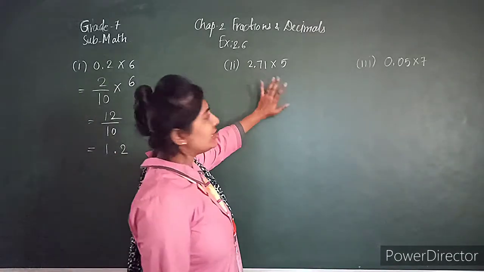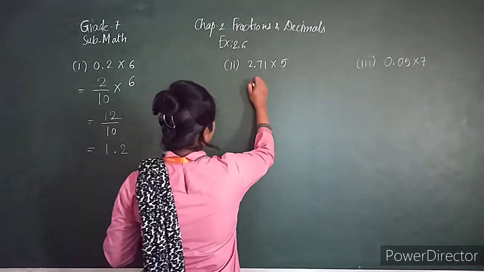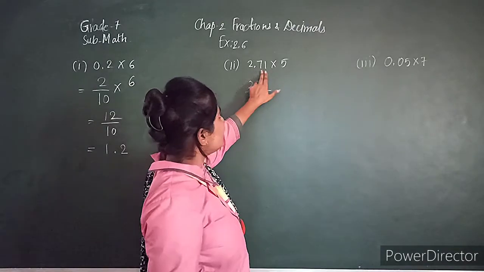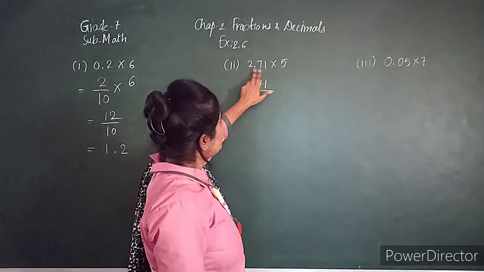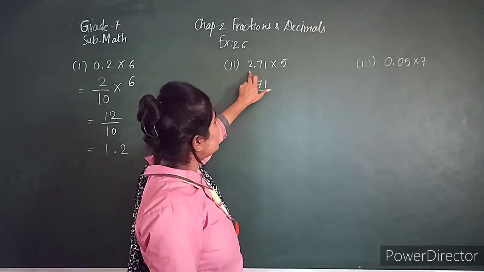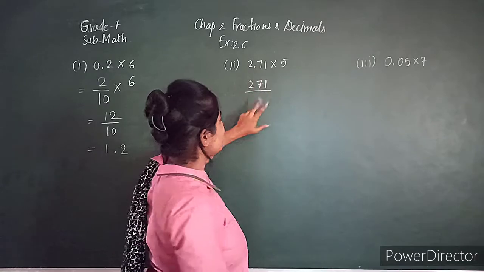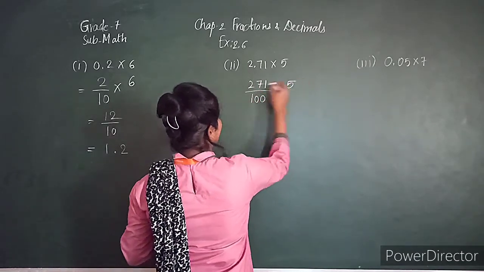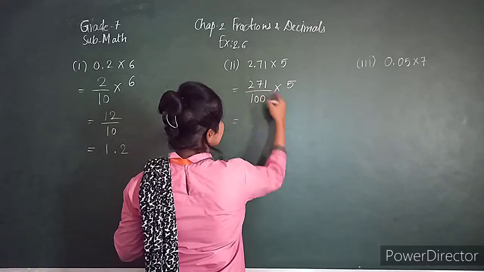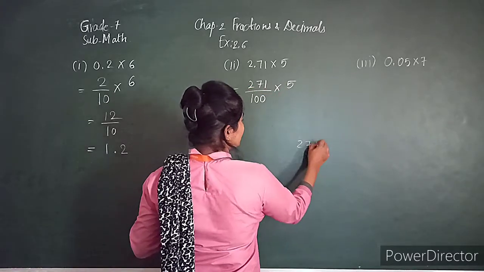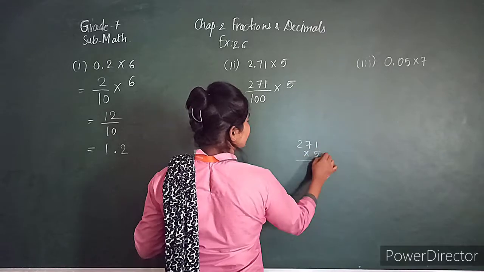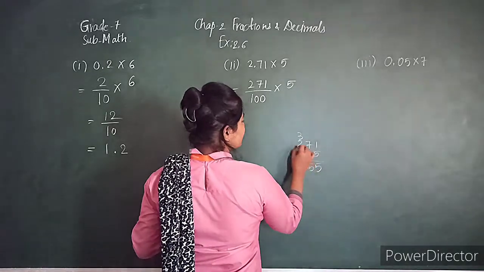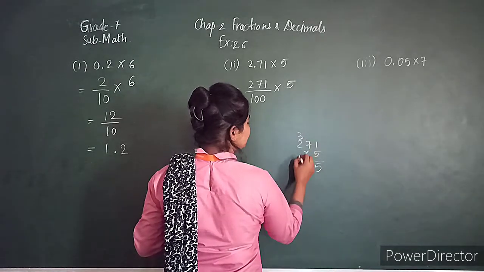Next, 2.71 into 5. So here 271, and the point is before two numbers, counting from backward. So here we have to put 100 into 5. Now 271 into 5: 5 ones are 5, 5 sevens are 35, 5 twos are 10, 11, 12 and 13.